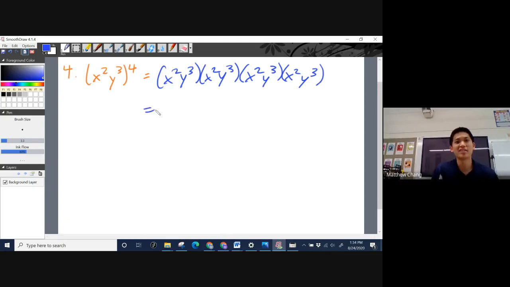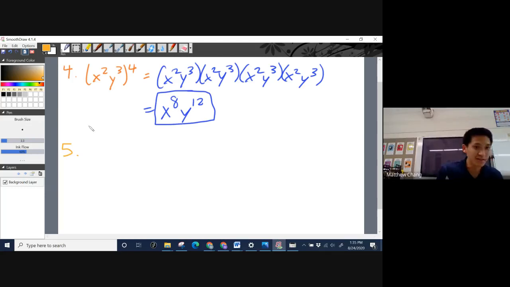So x squared times x squared times x squared times x squared is x raised to the 8th. Y cubed times y cubed times y cubed times y cubed would be y raised to the 12th. Or in other words, you can use that rule and just multiply the exponents. So 2 times 4 and 3 times 4.